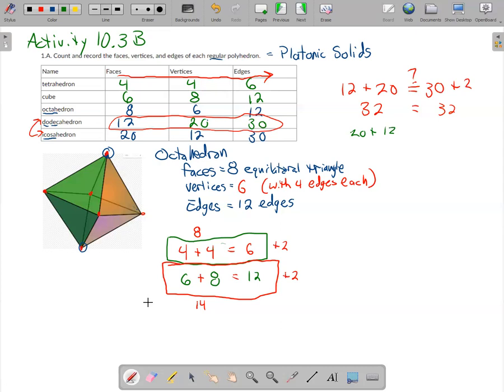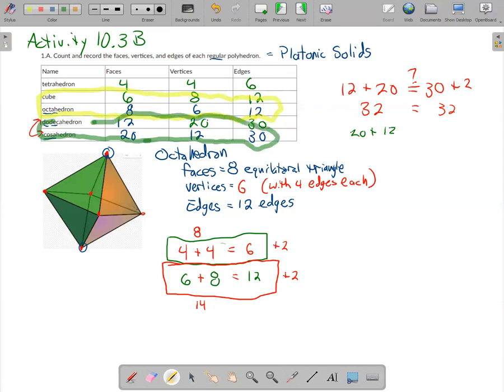The other pattern going on here, to erase some things to see it, involves, if we just isolate the cube and the octahedron, their faces and vertices numbers are flipped, and the same thing is true for the icosahedron and the dodecahedron. Their faces and vertices are flipped.